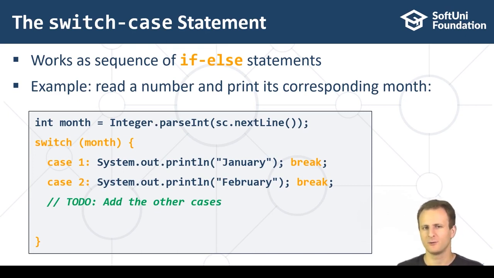In that case, you can't really do that with a switch case, because there are a lot of switches and a lot of cases you would need to write and handle. So if-else statements are used when you have range checks and other more complicated checks. Switch case statements are only used when you have very specific cases which you need to handle, like these months of the year we have over here.